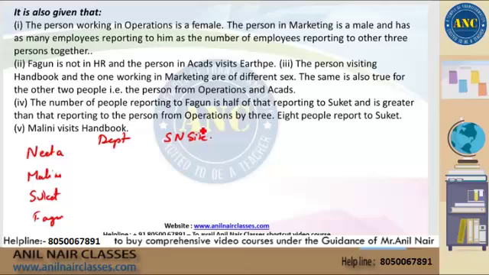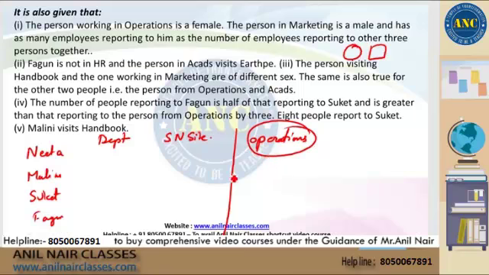Some information is given about each person. I would like to call it clues. Let's look at each clue and try to figure out what to do with it. The person working in operations, they say, is a female. If you're talking of operations, I'll put a circle to represent female and a box to represent male. So operations would be a female, and the person in marketing is a male, so I'll put it in a box.